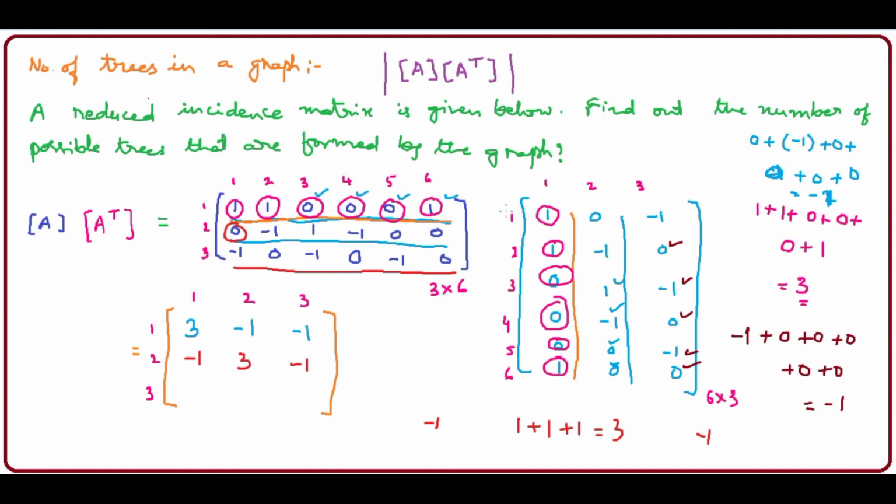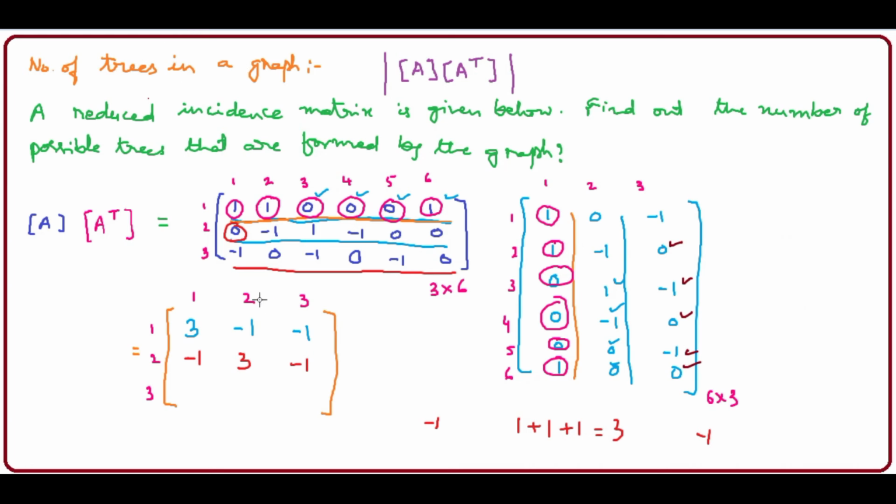Yeah, minus 1 into 1 is minus 1. Yes, so minus 1 into 1 is minus 1. Next 0 into 1 is 0, and minus 1 into 0 is 0, 0 into 0 is 0, minus 1 into 0 is 0, 0 into 1 is 0.